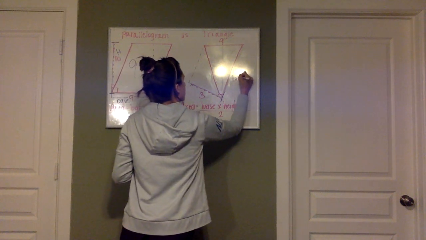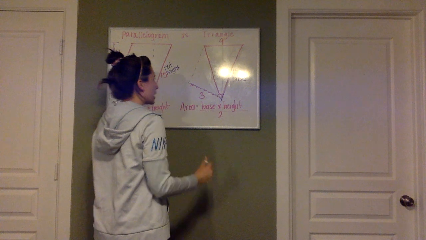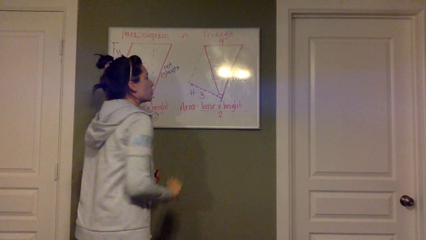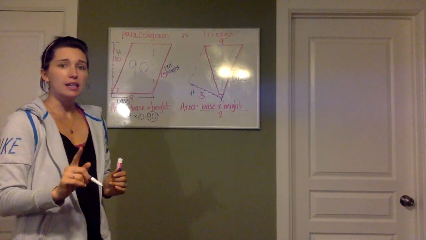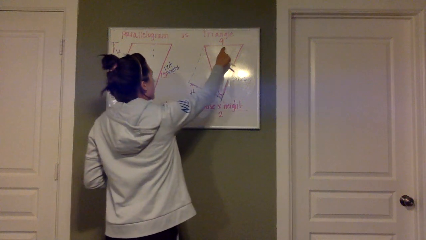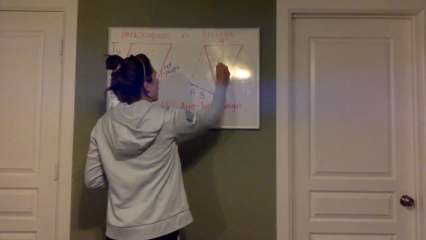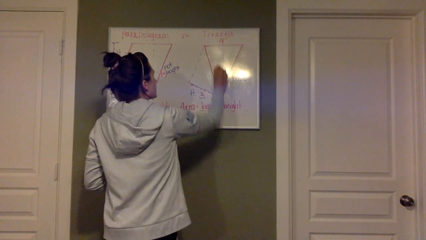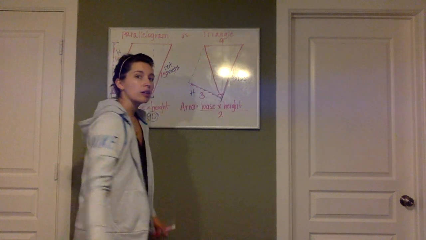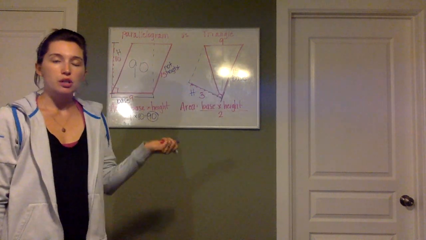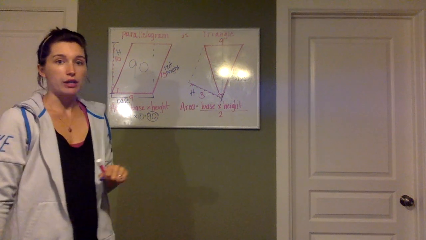So for this situation, we're going to make 15 my base and 3 will be my height. Now, 9 could have been my base if we knew the value from 9 to this tip, but we don't have that number. They didn't give it to us. So we're just going to roll with the 15 and the 3.